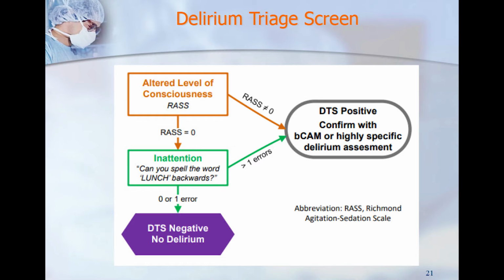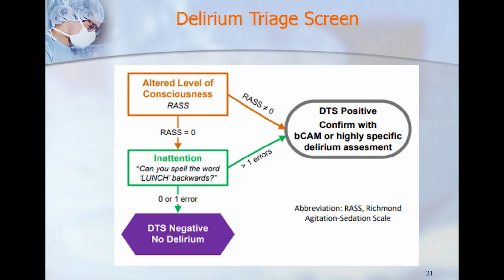Inattention: can you spell the word lunch backwards? Or in English, say the numbers 21854 backward. With 0 or 1 error, the DTS is negative.